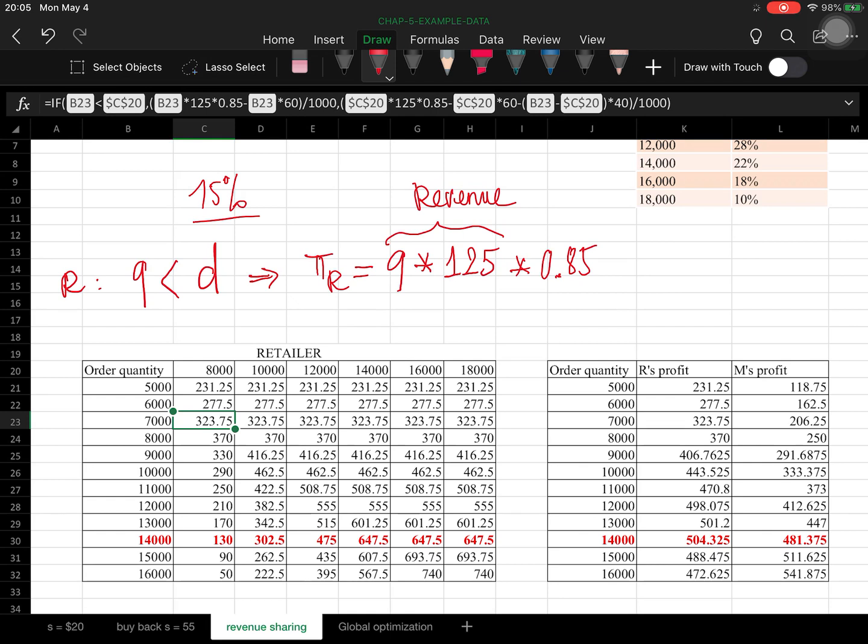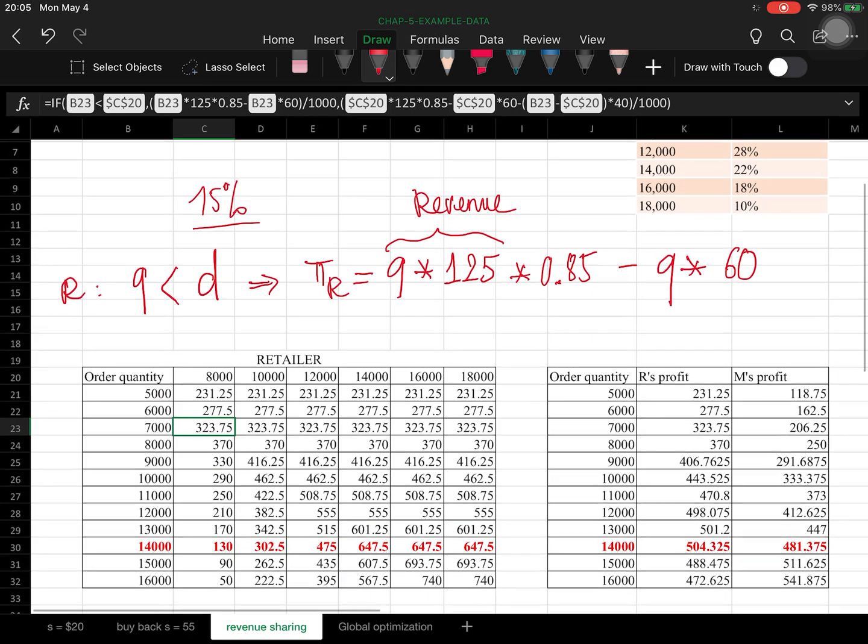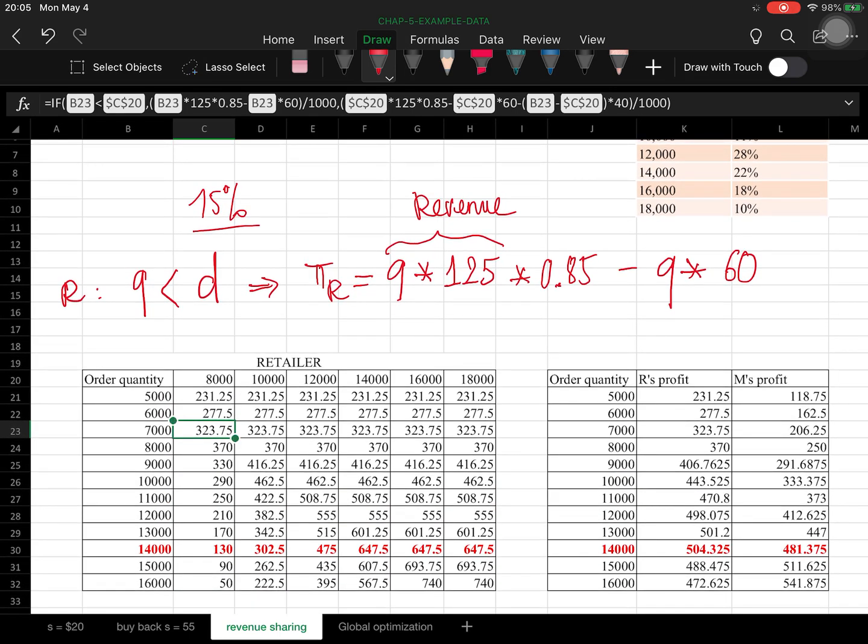That's why I multiply by 85%. And they have to minus the cost. They buy Q, multiplied by the cost, which is 60. So here is the profit of the retailer in the case that the order quantity is less than the real demand.